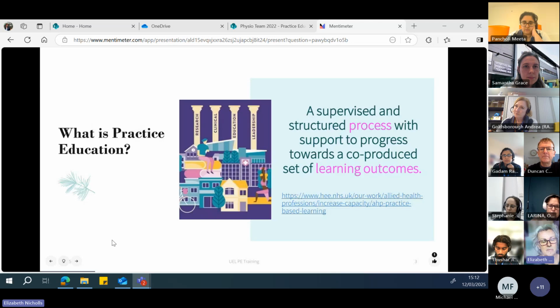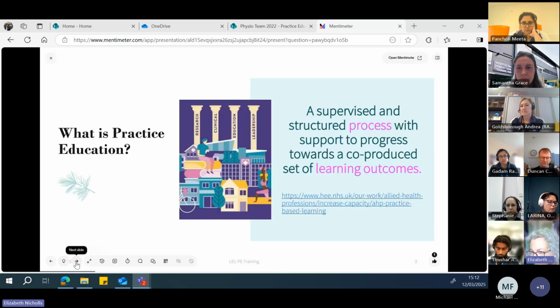And the learning outcomes that you establish, and we'll look further down the line in these slides at the expected learning outcomes for a level 4 placement, but there might be some specific to your area of practice that you want to put into the learning contract with the student, and those outcomes are to be achieved by the end of the placement.